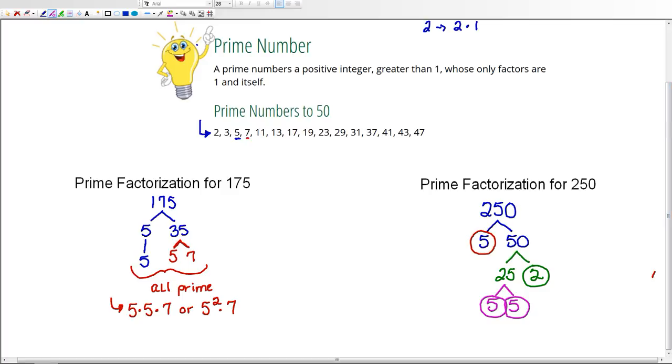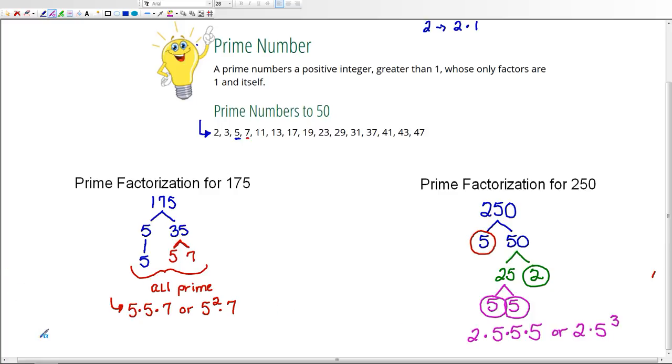So I'm going to take the numbers that I've circled and write them out. So I have 2 and I have 5 three times. So I have 1, 2, and 3 5s. So this is the prime factorization, or I can write it as 2 times 5 cubed. Okay, so that is the prime factorization for 250.